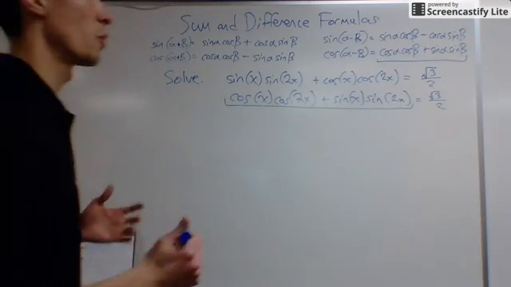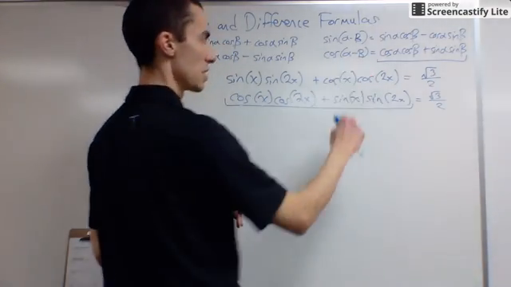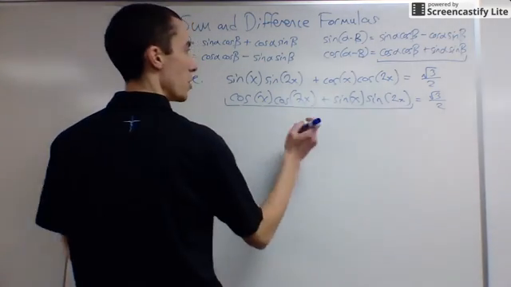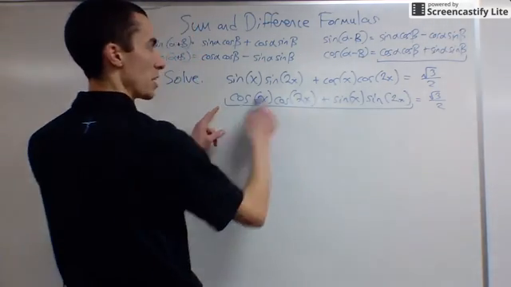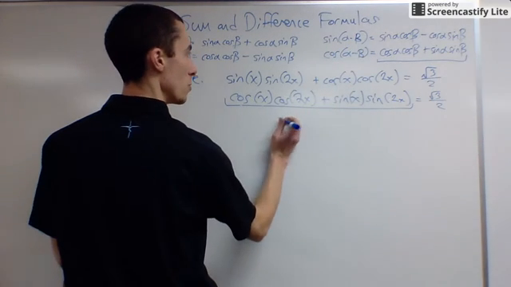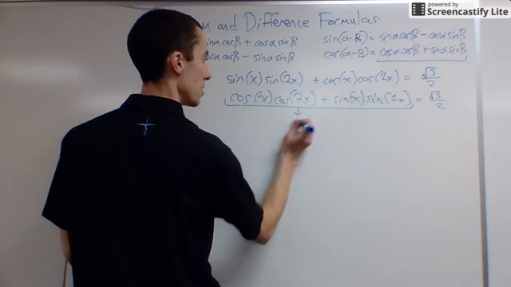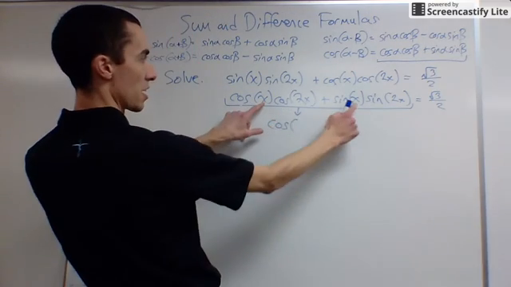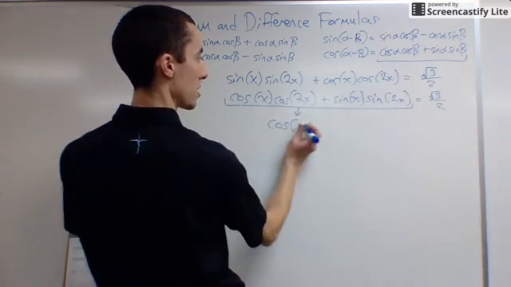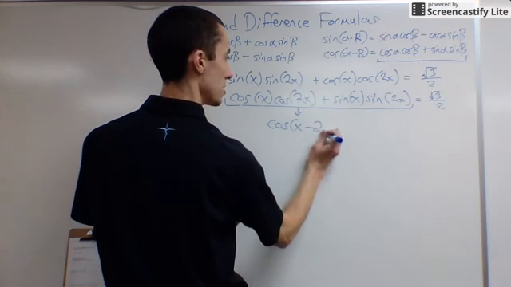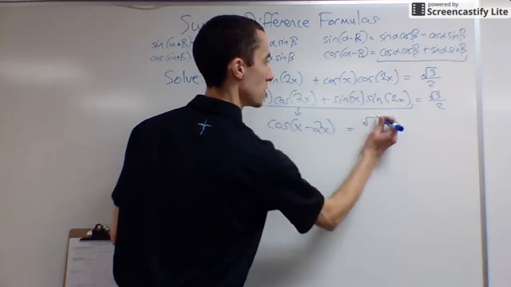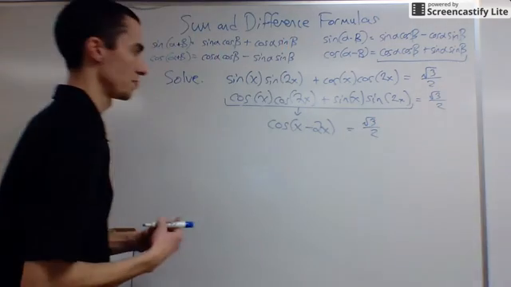So essentially, we can do this difference formula backwards. So instead of writing this long expression, we can write the shortened form, which would be the cosine of this angle minus this angle, x minus 2x.